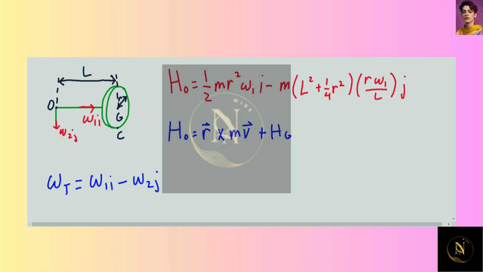And I'm also going to write the equation for the angular velocity at the point C, which we can write as the total angular velocity cross the RC position vector.